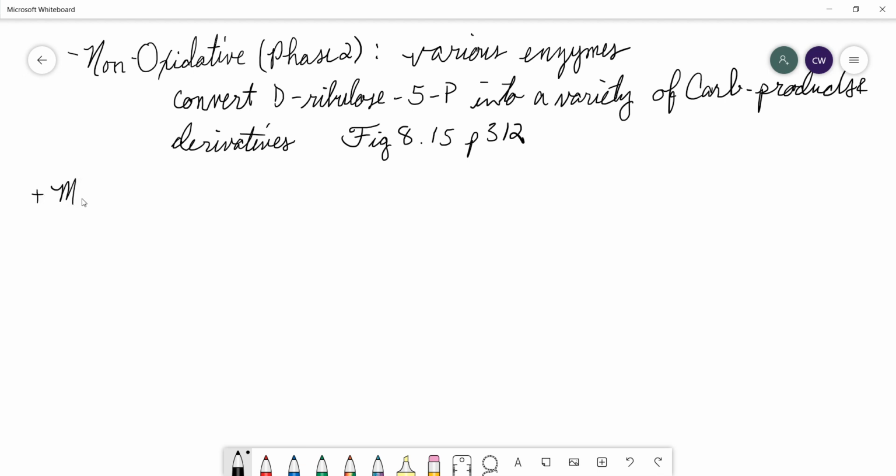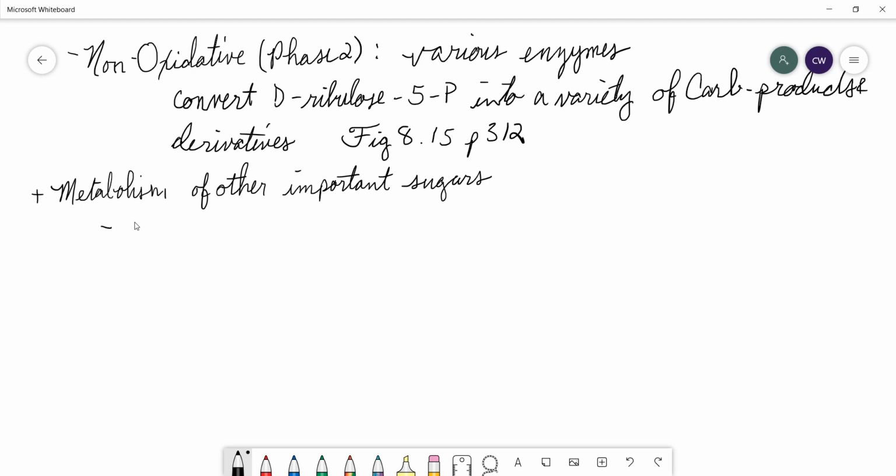So this leads us to the end of the chapter, and the last section is on the metabolism of other important sugars. There are several key sugars beyond glucose in vertebrate mammals.